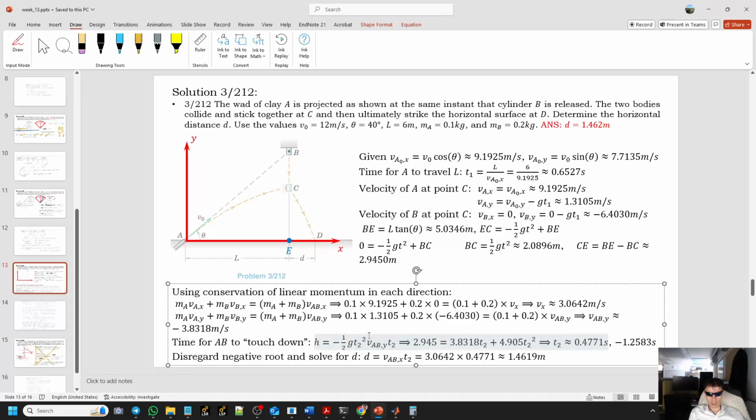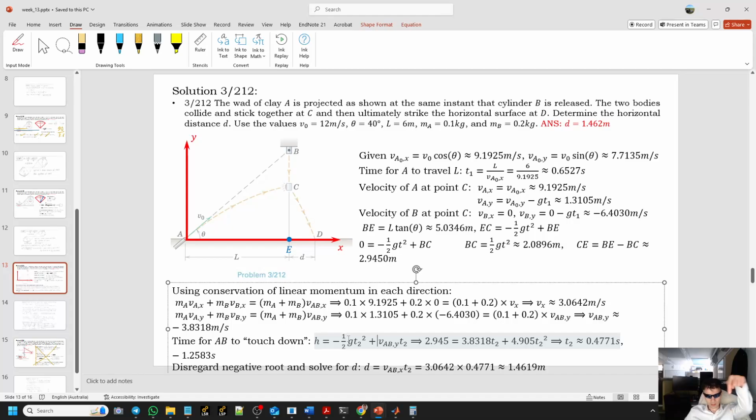So A is negative because it is in the Y direction, positive direction is this way, but gravitational force is this way, so it will be minus g. AY will be minus g, because you need to remember the formula is half A T squared plus VABY t.